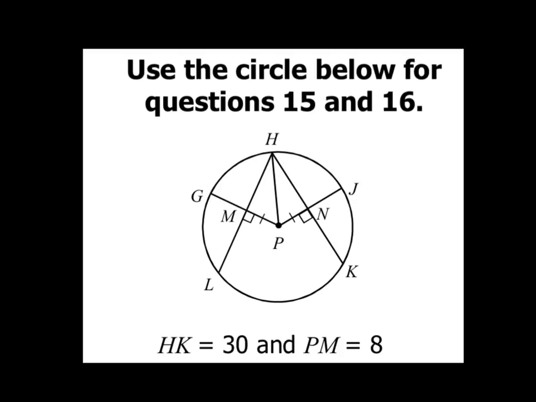I look at this circle and I think, wow, there's a lot of stuff going on. I see some equidistant stuff here. I see right angles, which means I have radii splitting things in half, right? This is the same as this, and these guys are the same as each other. And I have this big central angle right here.